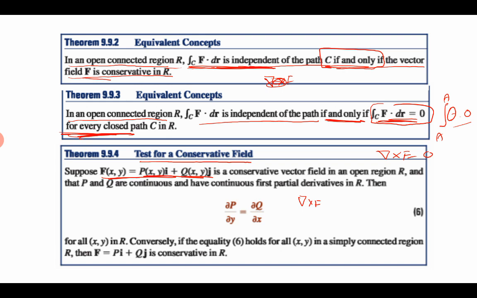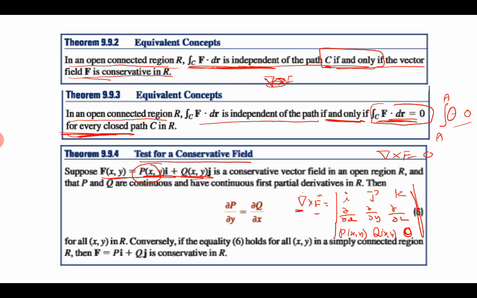With components P and Q. So the cross product of del and F is the determinant with i, j, k; the components of del are dou by dou x, dou by dou y, dou by dou z; the components of F are: first component P of x, y; second component Q of x, y; third component, there is none, it is 0, because it is the two-dimensional case, isn't it?